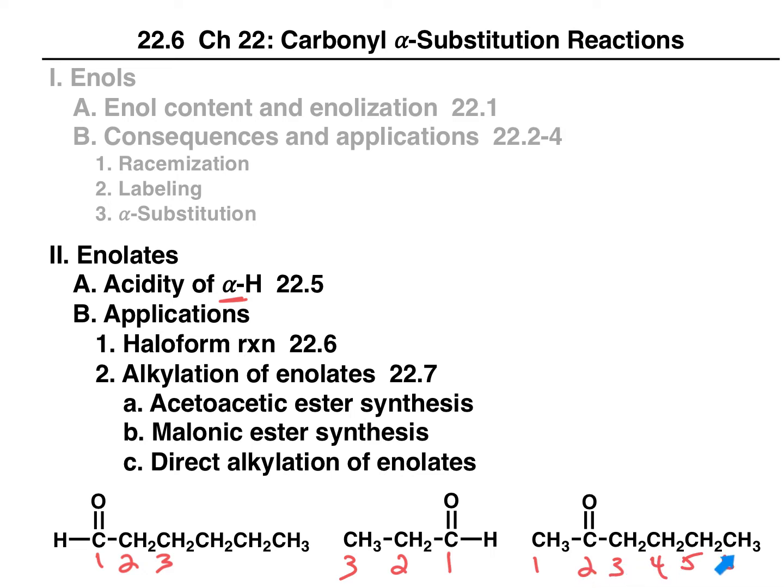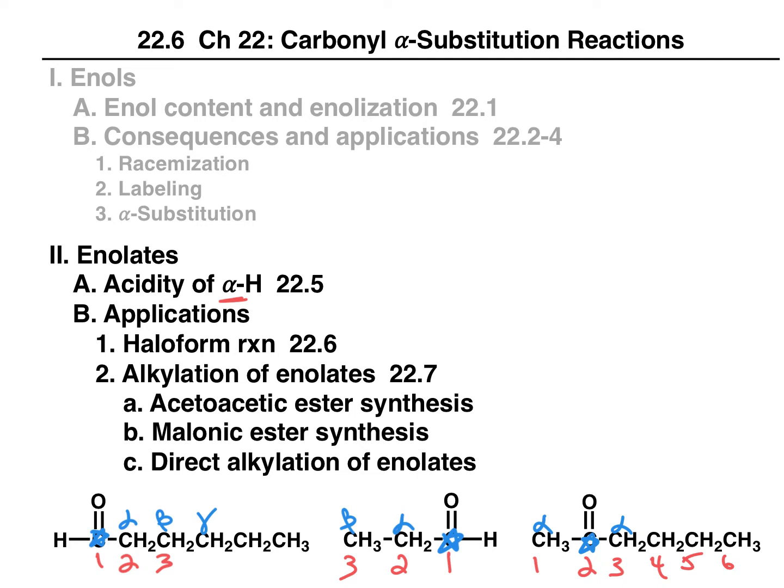Rather than referring to the numbers, we are instead going to name our positions. So focusing on the carbonyl carbon, the adjacent carbon is the alpha position, beta, gamma, etc. With the next aldehyde, this is our focus, and so alpha position and beta position. For the ketone, this is our focus, and so this is an alpha position and this is an alpha position.